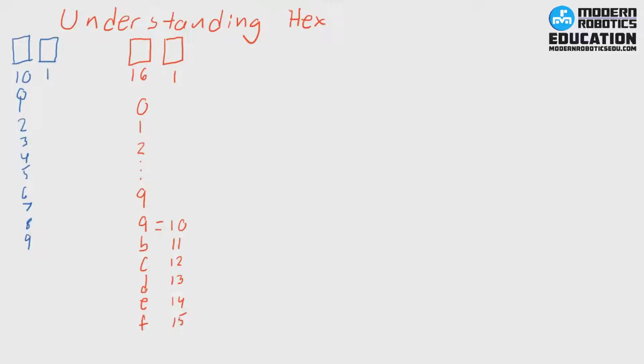So when you see a base 16 or hexadecimal number, say this is a 0, just to make it easy, and this is a C, that is 12 in hexadecimal.